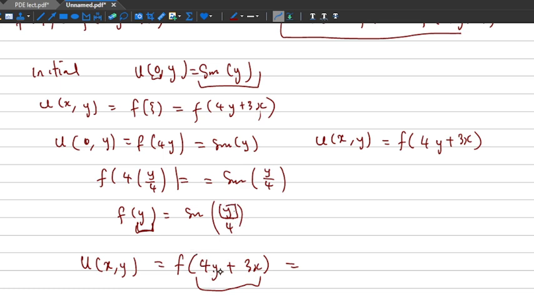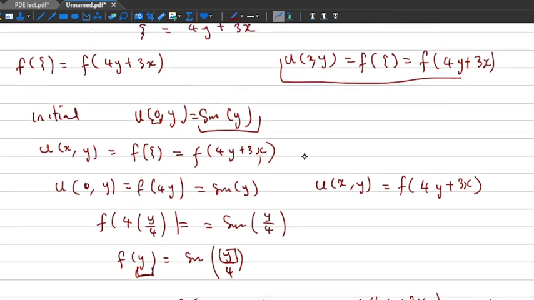So f of 4y plus 3x will be equal to sine, where there is y, we replace 4y plus 3x over 4, which can be simplified as sine of y plus 3x over 4. So this will be the general solution given the initial conditions. Okay, so that's the general idea.